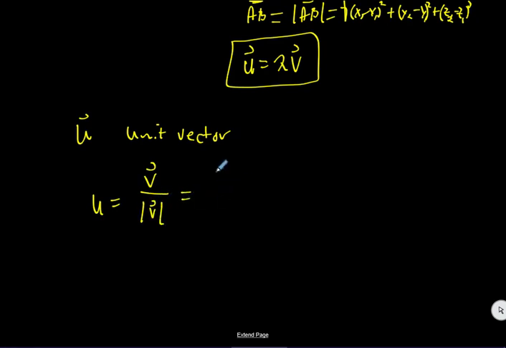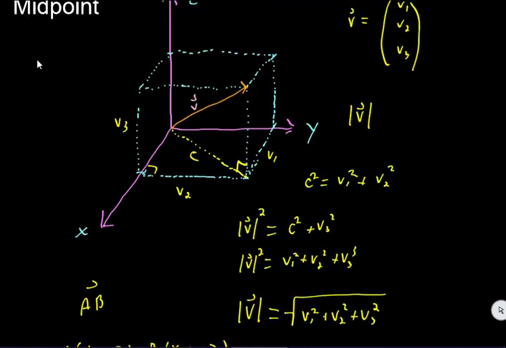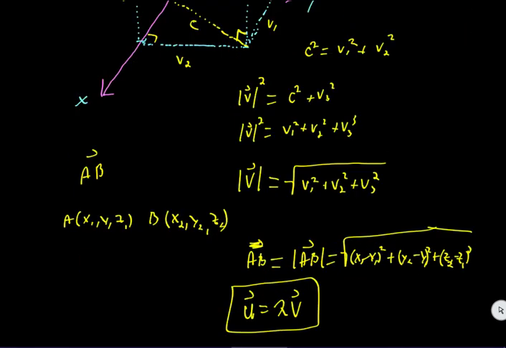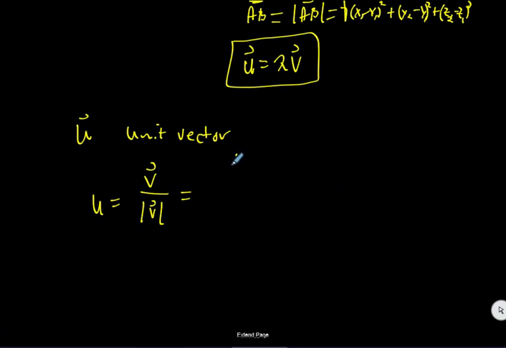And since v is equal to v1, v2, v3, I can write this as the component v1 over the square root of v1 squared plus v2 squared plus v3 squared.